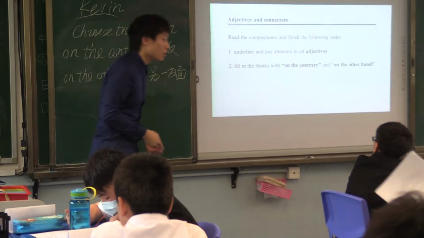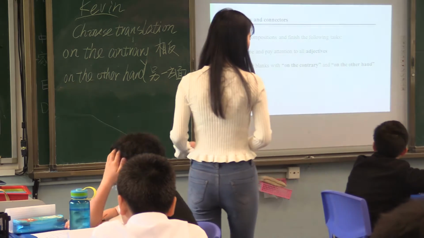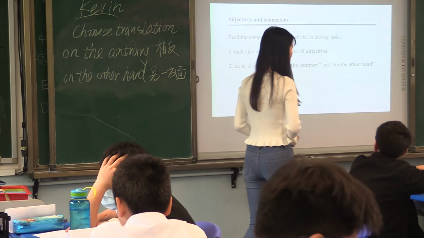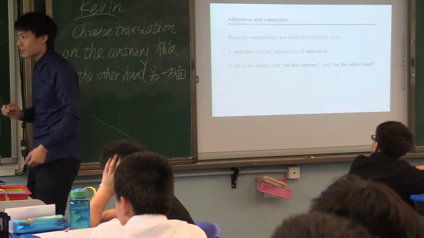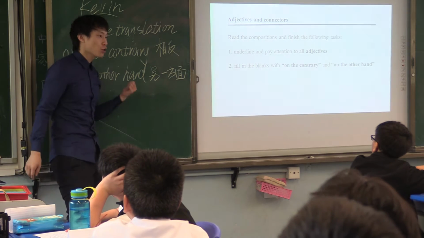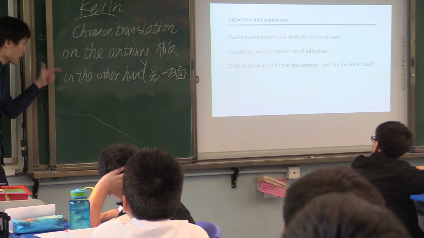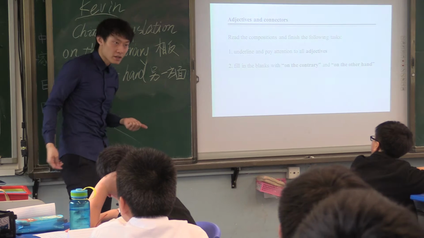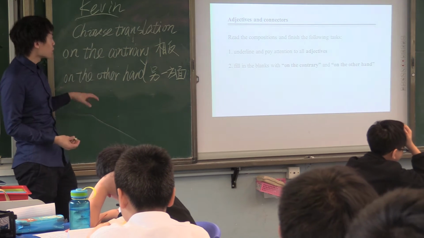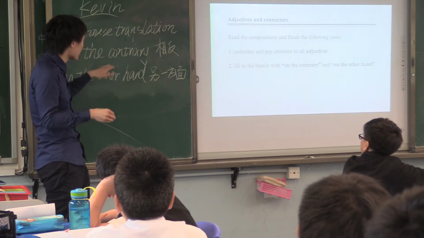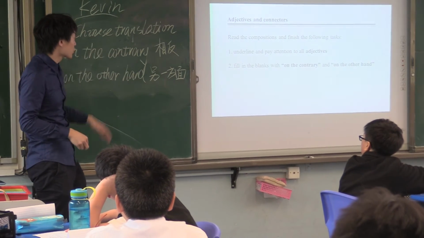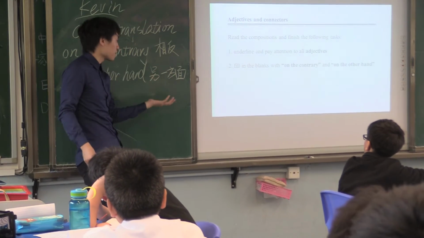Okay, so for the second task, I may give you some tips. If we translate them into Chinese, on the contrary means 相反, and on the other hand means 另一方面. But this is a very common problem. We always translate English expressions into Chinese, so we may make mistakes.